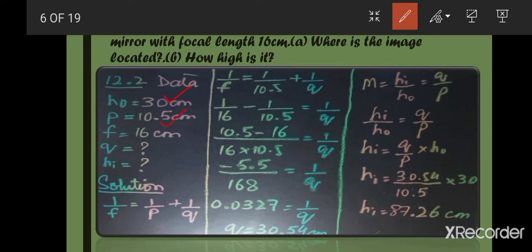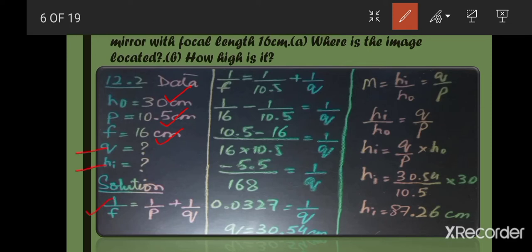P is 10.5 centimeters. It is the distance of object from the mirror. Focal length of concave mirror is given 16, and you don't have to write negative sign here because focal length of concave mirror is positive. Q is required and height of image is required.